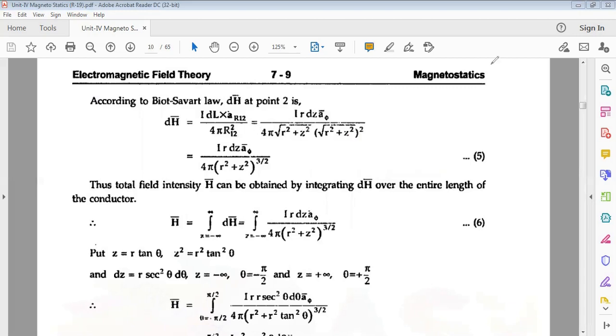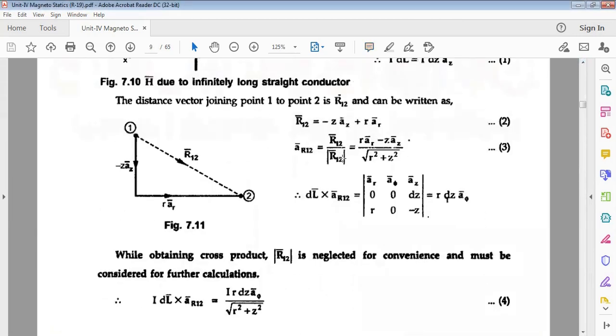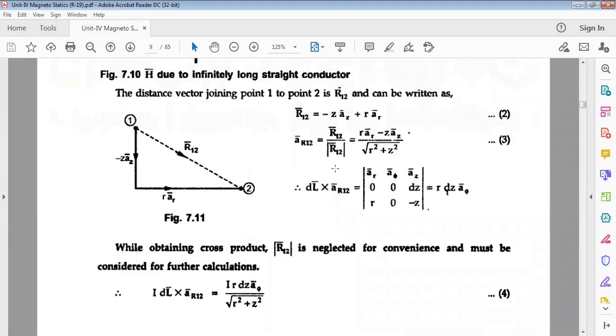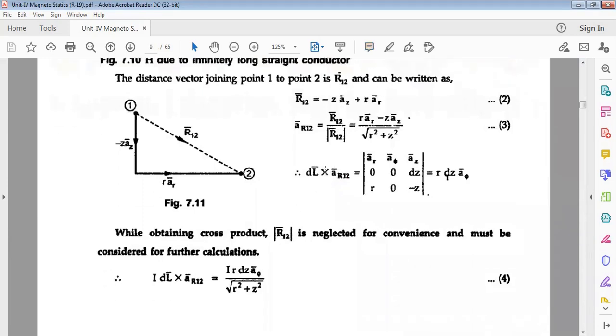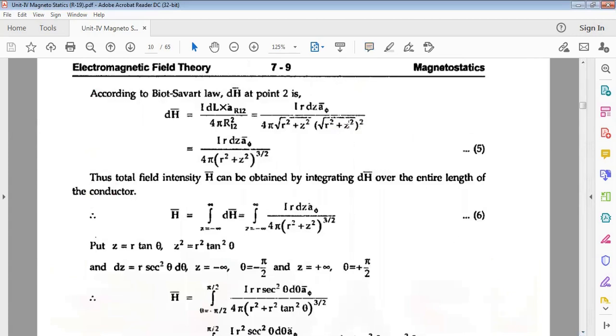And what is R12? The magnitude of R12 is square root of Z square plus R square. So square root of R square plus Z square and whole square is 4 pi.